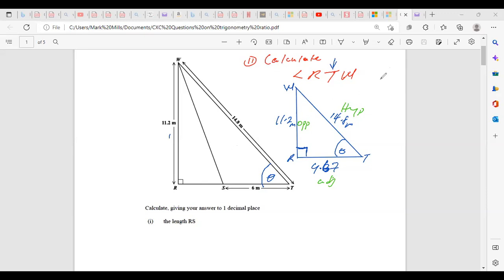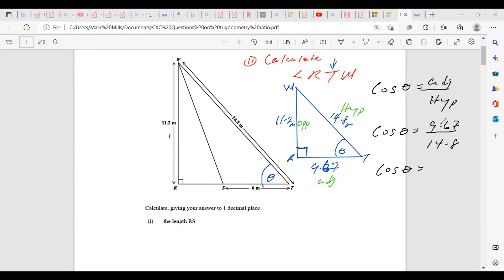Cosine. So cos theta is equal to adjacent over hypotenuse. My adjacent would be 9.67 over hypotenuse 14.8.